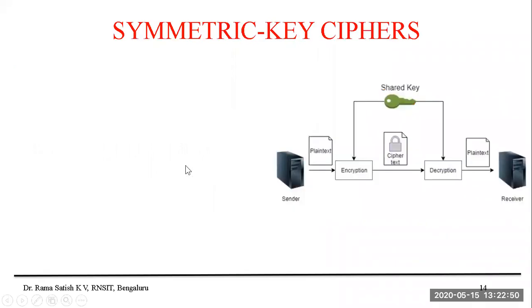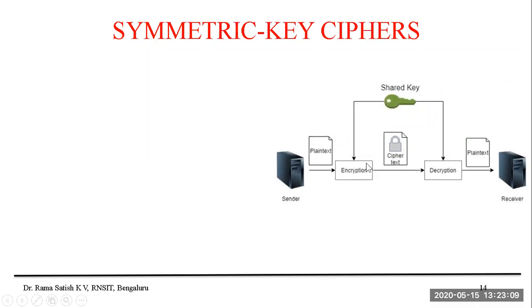Further, we have the next concept called symmetric key cipher. What is a symmetric key cipher? It's a technique. The sender is sending a plain text. You do an encryption using the key.